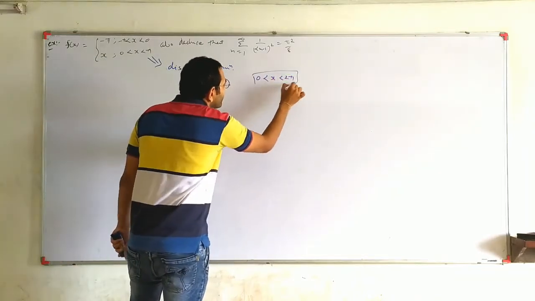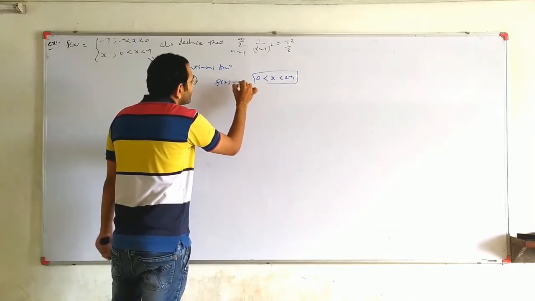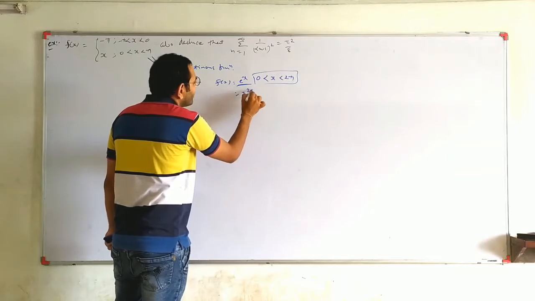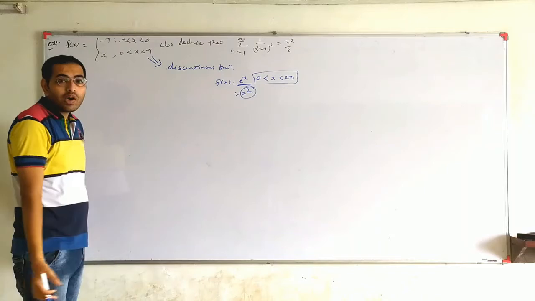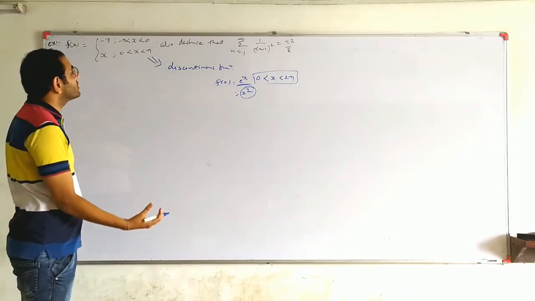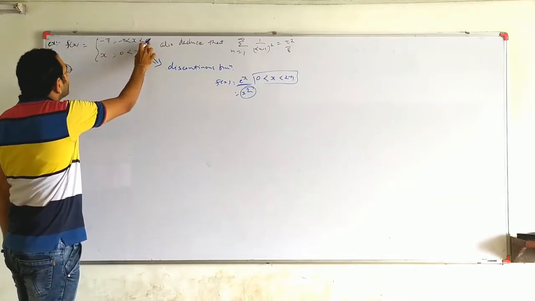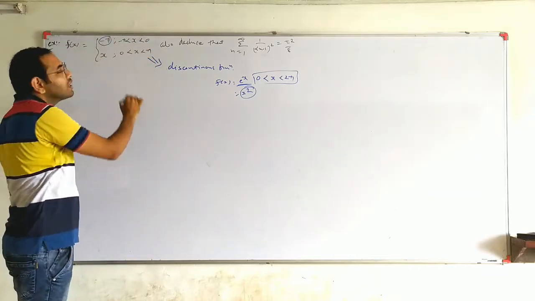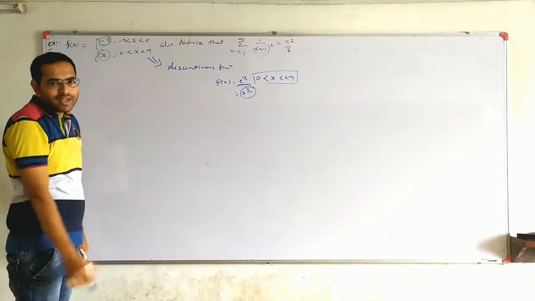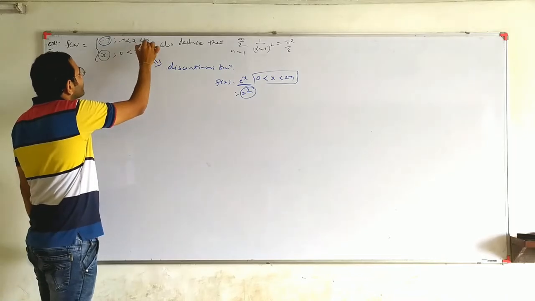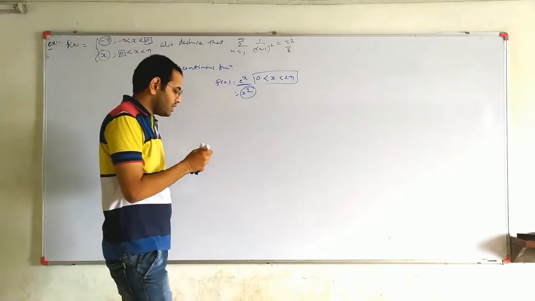A function that is only one function, e raised to x, x square, whatever, has a fixed value. But here we have more than one function in a particular interval, meaning from minus pi to 0 we have a function value minus pi, and from 0 to pi the function value is x. So at the particular position 0 we can say that our function is discontinuous.